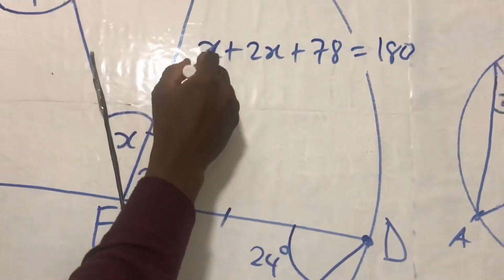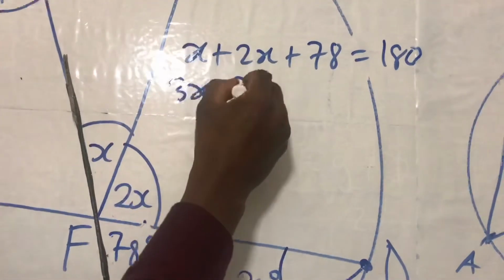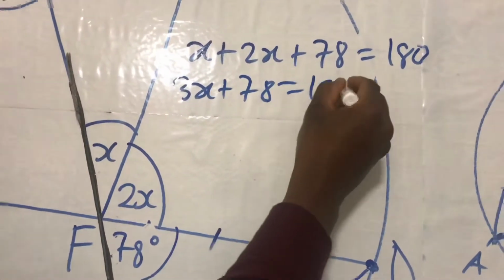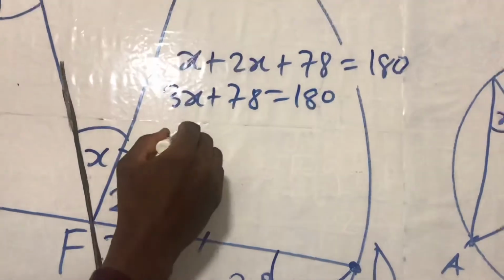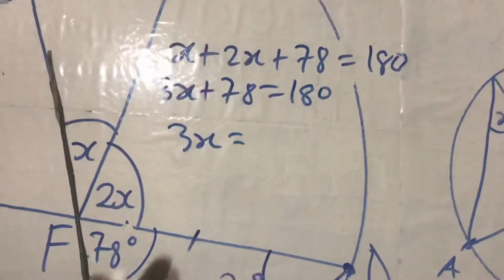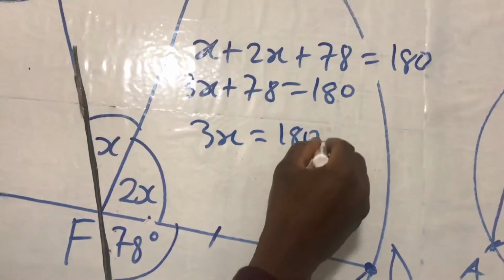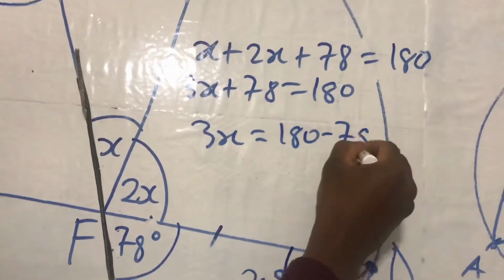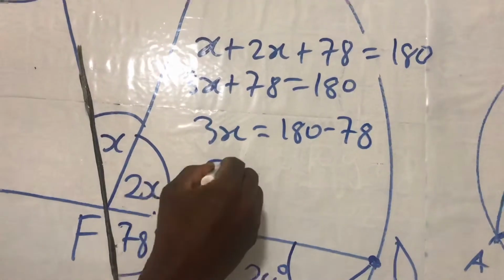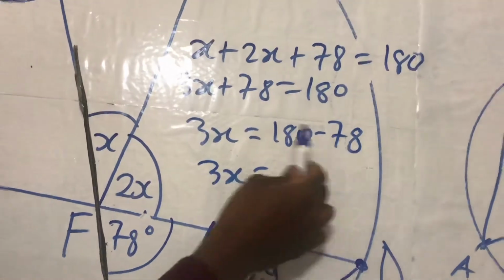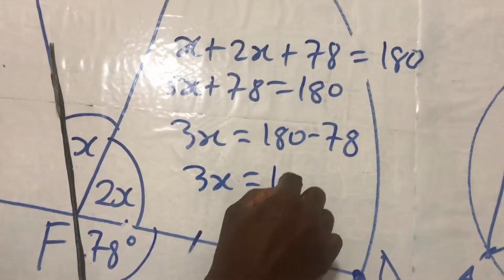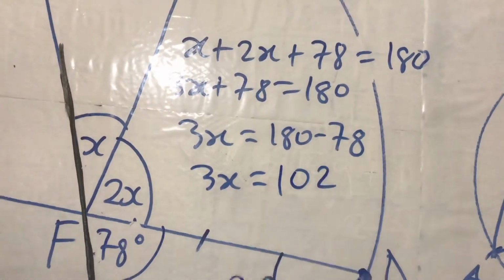We solve this, and we get 3X plus 78 equals 180 degrees. Then 3X equals 180 minus 78, and that gives us simply 102.